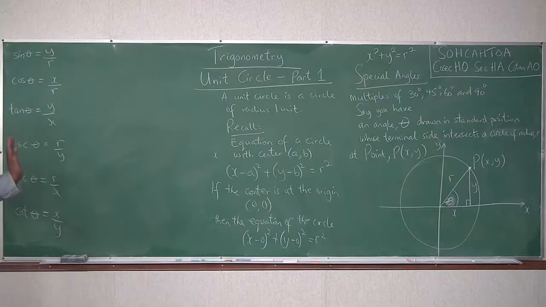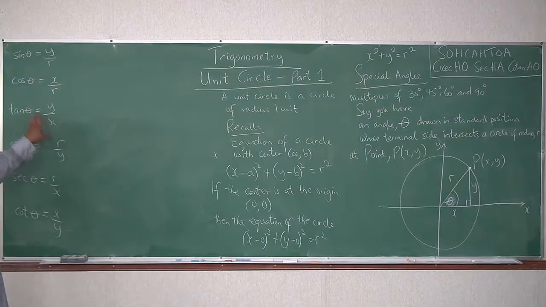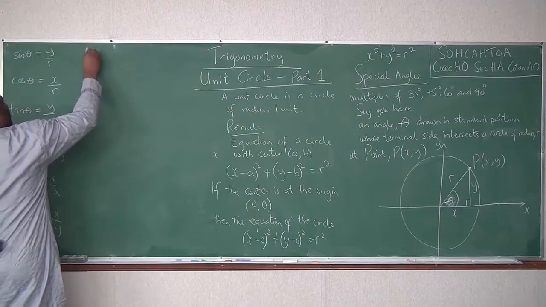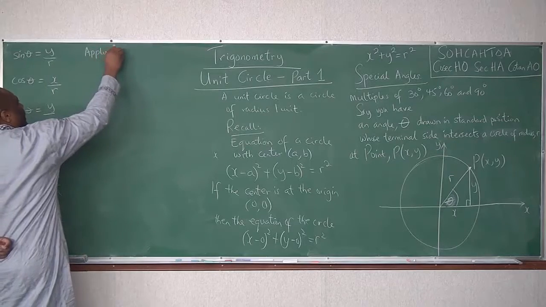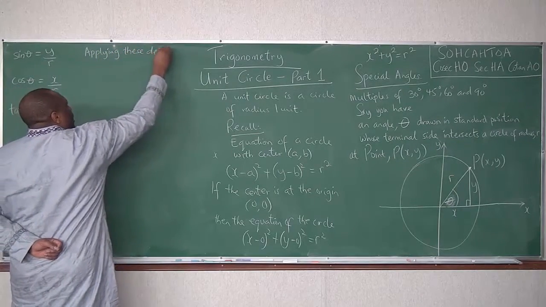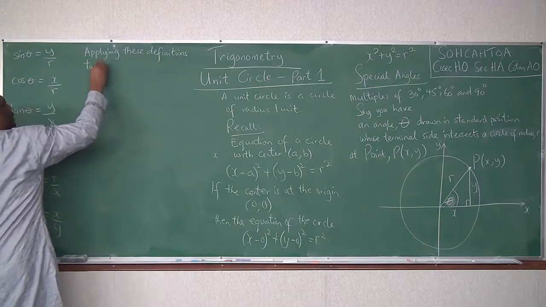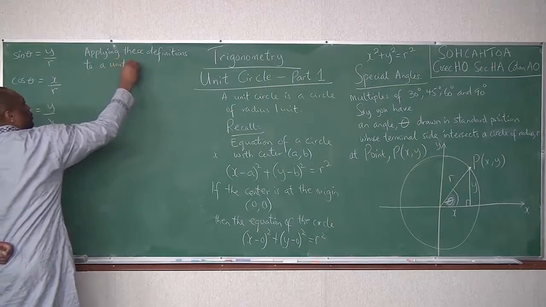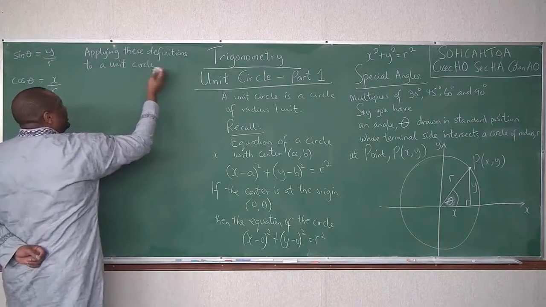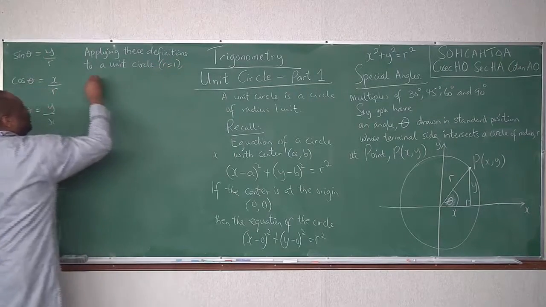Now, let us apply this definition to a unit circle. Remember that a unit circle has radius r equal to 1.